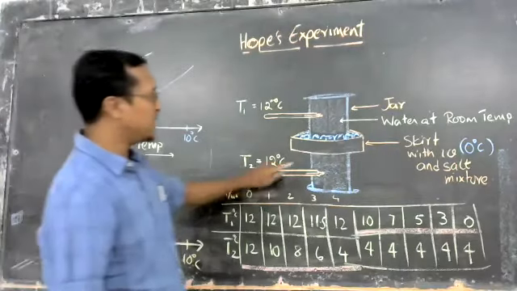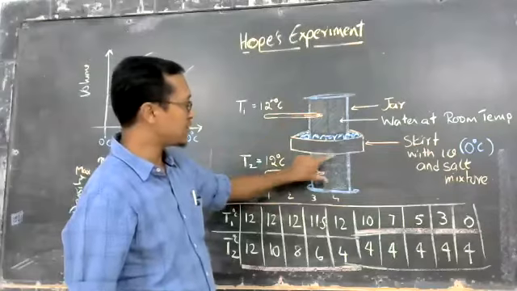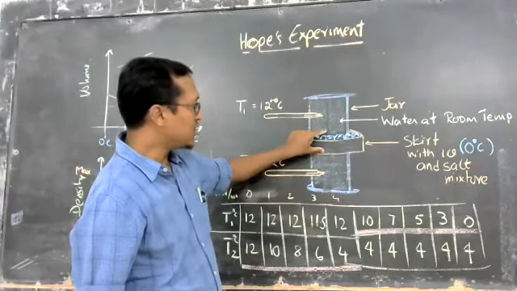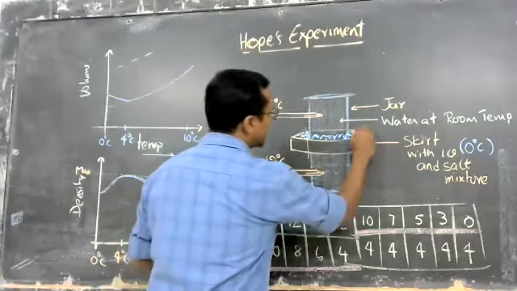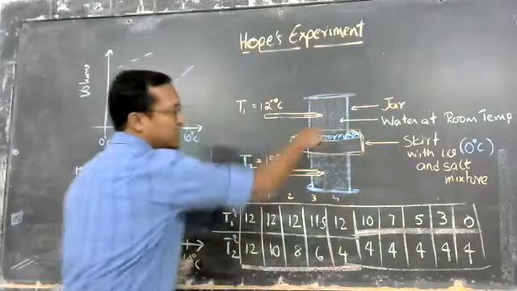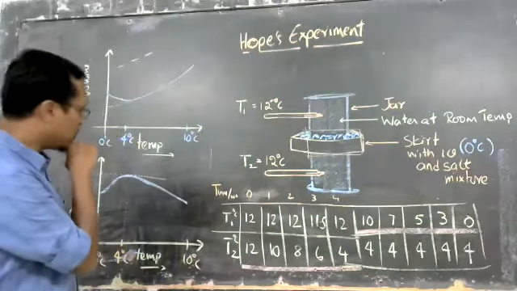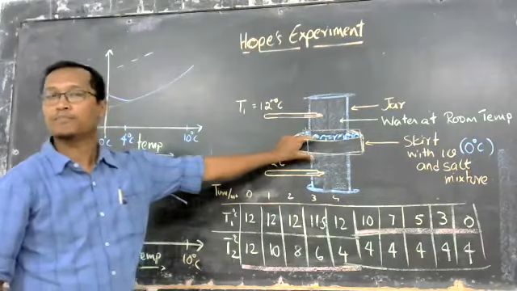So, what was happening? Initially, the water was at 12 degrees Celsius, both places. Right? Now, this ice is cooling the water in this region. Right? In this region, the water that is there inside the jar, that's being cooled down. So when it's cooled down, what is going to happen to the density of that water over there?